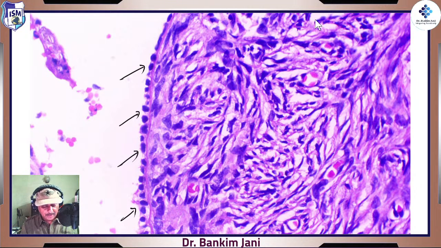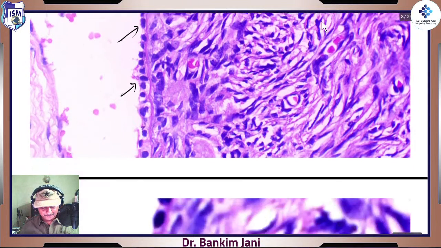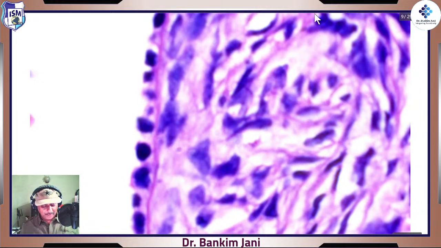These are large, big, dark nuclei, and they are so disciplined. They are all arranged in a single layer. Nothing to think of further. It is simple cuboidal. Simple cuboidal. Still further, they are so good. They are all simple cuboidal.